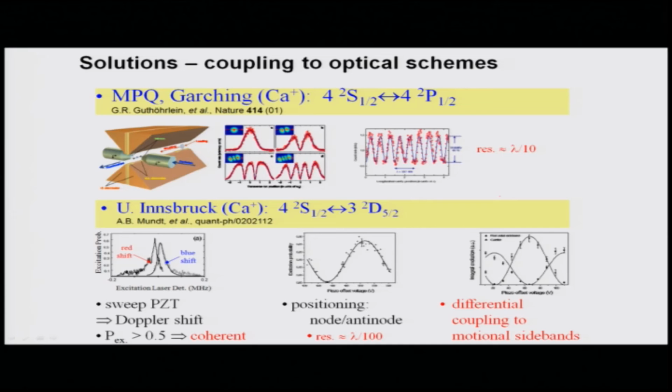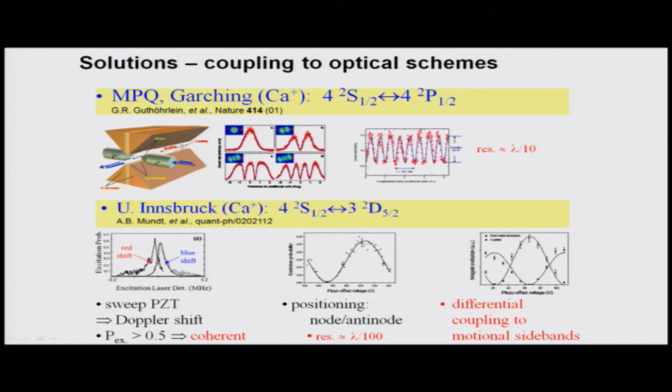It needs to be scaled up, and there have been a lot of attempts. One of the solutions we found in the literature is coupling, for example, to optical schemes, which has been attempted by Max Planck, Garching, where they used calcium, as we discussed.